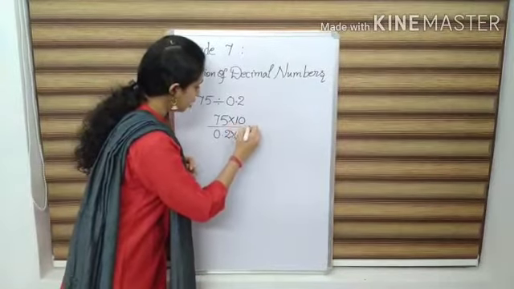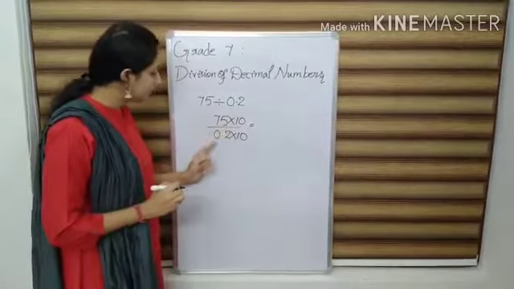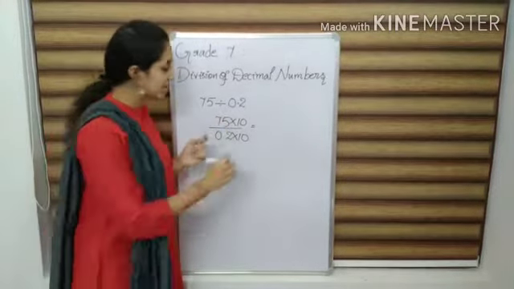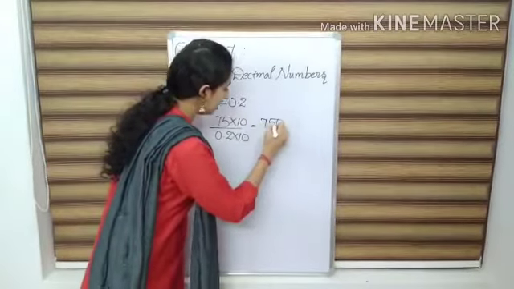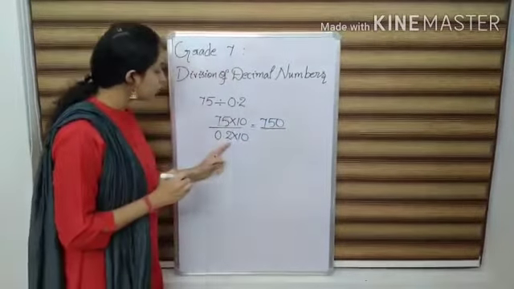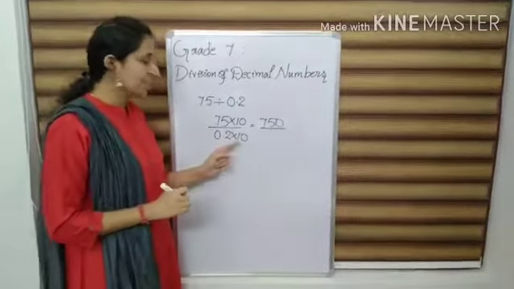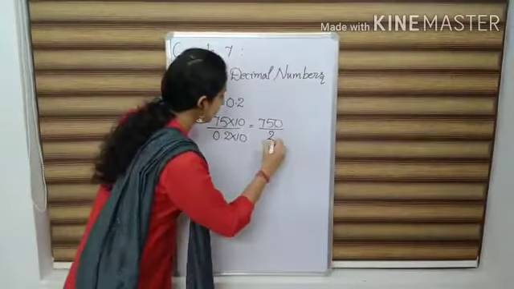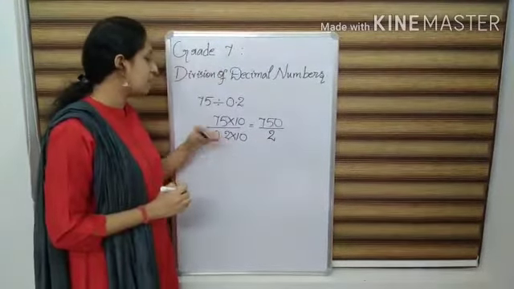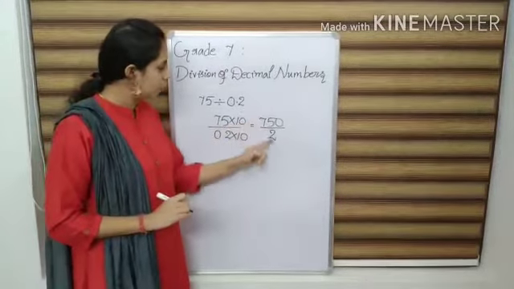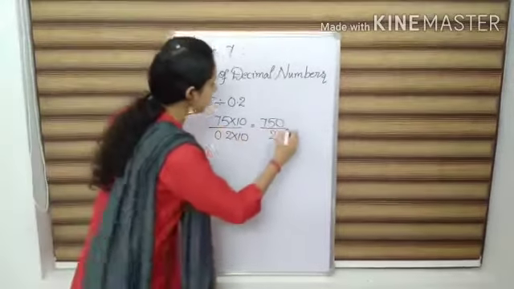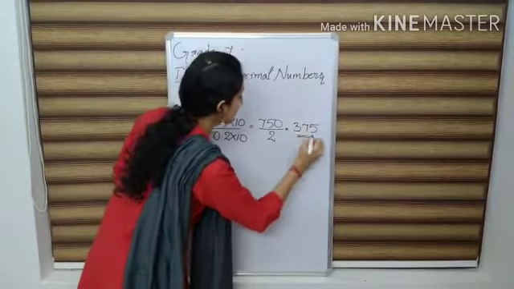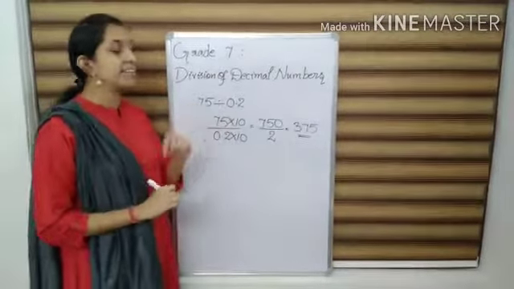So the question changes to 75 into 10 divided by 0.2 into 10. 75 into 10 means 750 divided by 0.2 into 10. 2 tens are 20 and 1 decimal place means the answer will be 2. So you can see decimal place is removed. So now you can go for division. The answer is 375. This is how to remove decimal place and then divide.